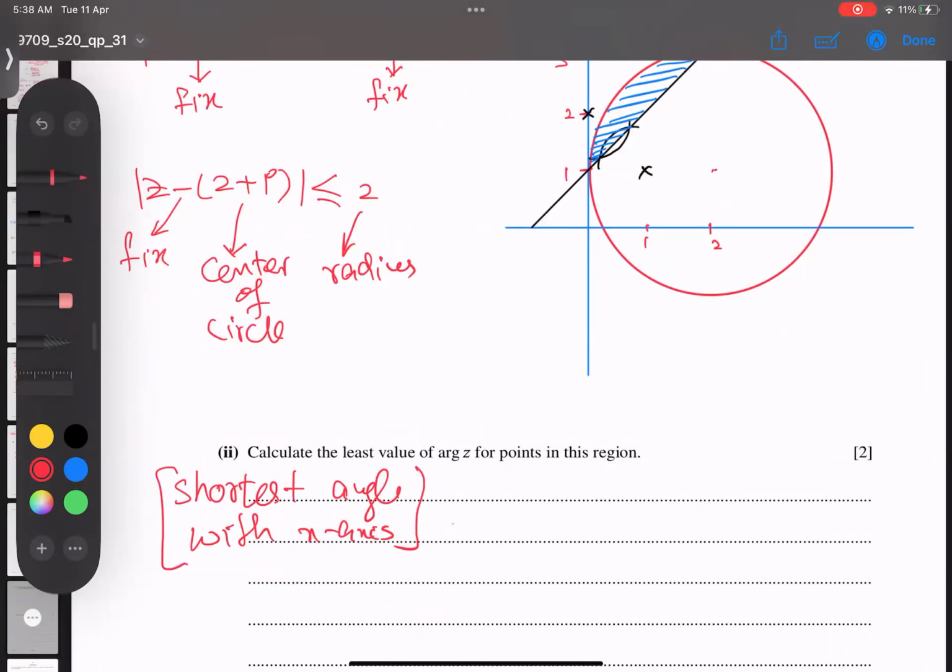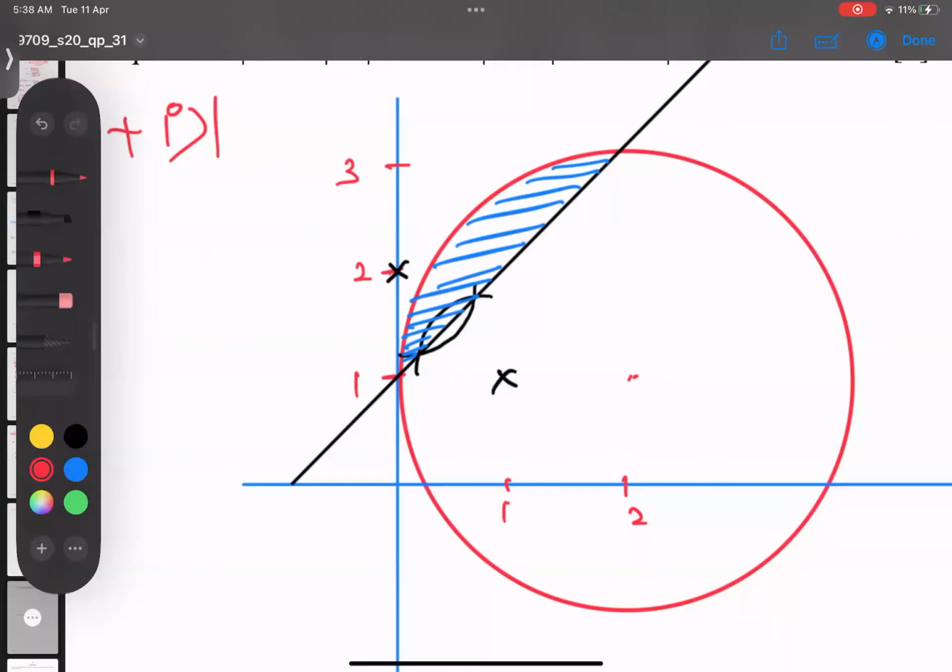This is the definition. So which point of the shaded region gives the closest angle? For example, if I locate this point, the angle with this line is 90 degrees. This point is wrong. If I take this point and join it here, this angle is the argument, again wrong. This is not the smallest.